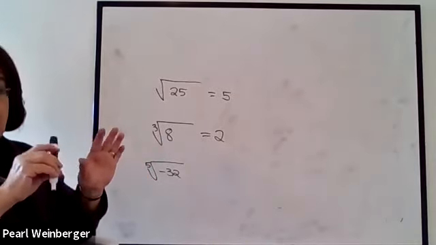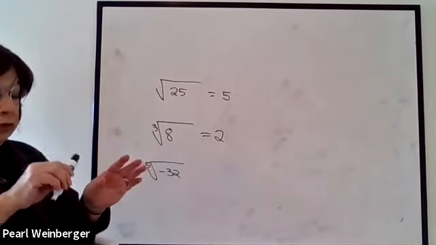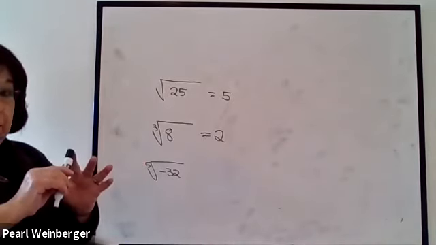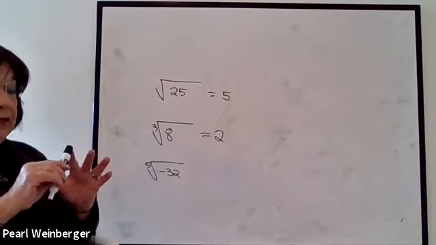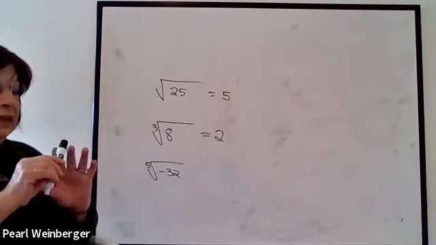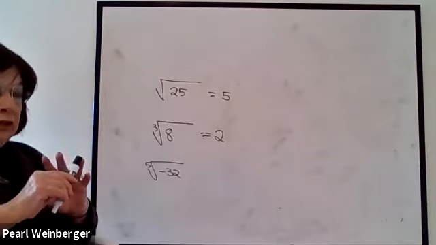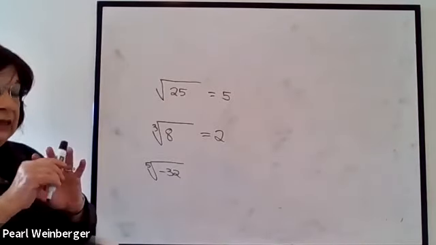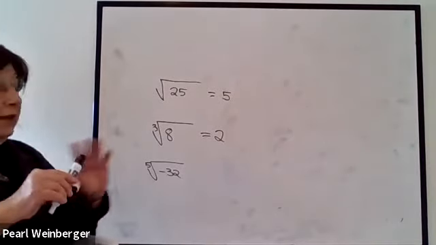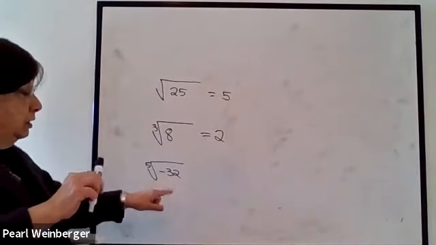And that number happens to be negative 2, because negative 2 times negative 2 is positive 4. Positive 4 times negative 2 is negative 8. Negative 8 times negative 2 is positive 16. And positive 16 times negative 2 gives us our negative 32.